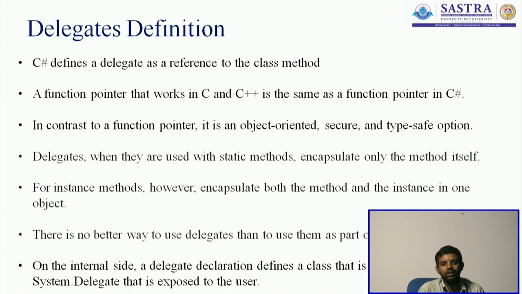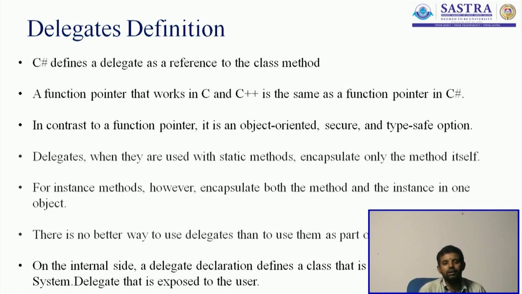What is the justification they are coming up with for the removal of explicit access or explicit feature of pointers? In the sense, they feel some kind of security lapse is happening. To overcome that, the concept called pointer has been removed.